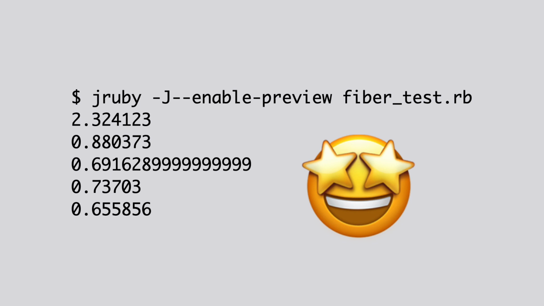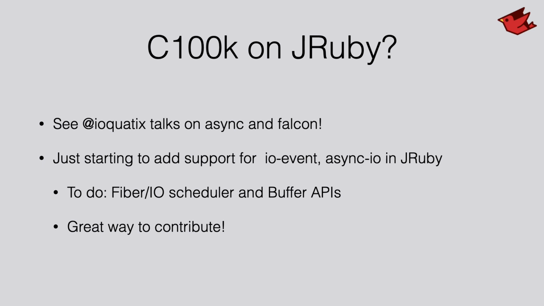So you might have heard talks from Ioquatix, from Samuel, about running Async and his Falcon web server to get 100,000 connections or 1 million connections live on a single instance of JRuby. This is now absolutely feasible on JRuby.